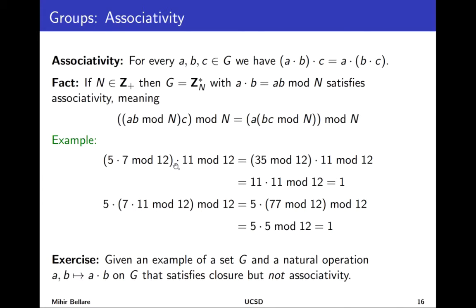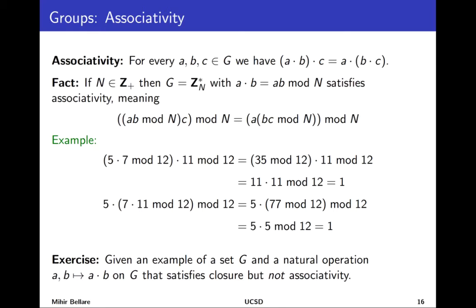I could do first 7 times 11 and get 77. 77 mod 12 turns out to be 5 because 72 is a multiple of 12. Then I have 5 times 5, which is 25, and 25 mod 12 is 1. So you see that the intermediate values in the computations were very different, but the result is the same.